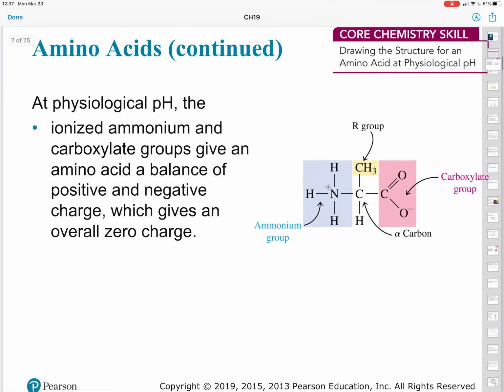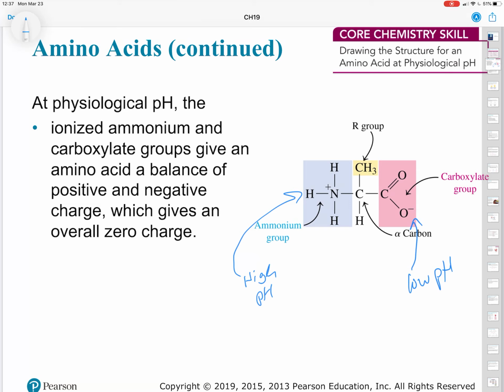All right, so at physiological pH, so that is about, for us, somewhere right above 7, something like 7.2, both of these groups are ionized, okay? So at really, really low pHs, this O would have an H on it, and so it wouldn't have a charge. At really high pHs, this one's going to also lose its H, and it'll lose its charge.